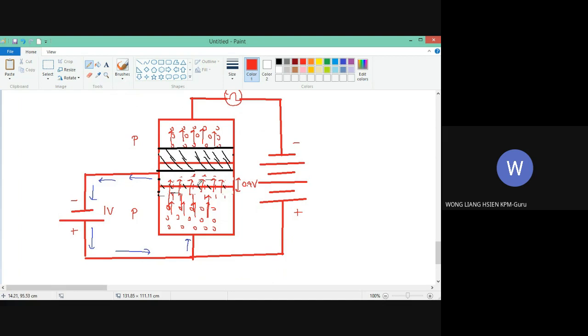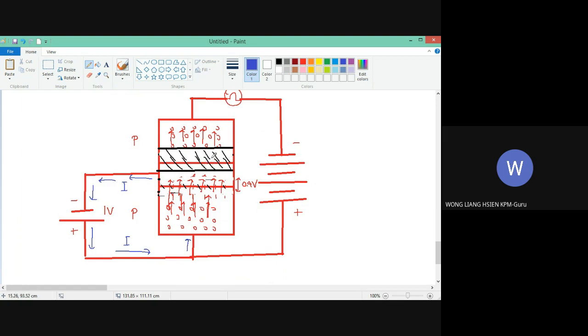And remember, the hole represents positive charge, so that means the direction of the current is the same as the direction of the flow of the hole. So here got current flow.